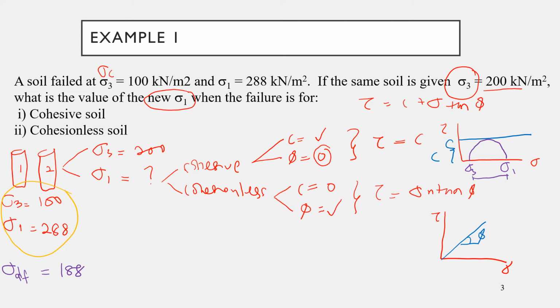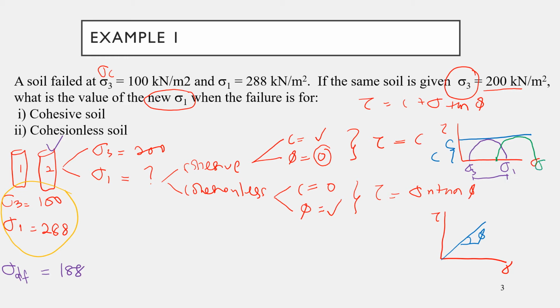Okay, and if you have another sample, which is sample number 2, you plot another circle representing specimen number 2, where sigma 3 is already given, just 200, maybe it's somewhere here. So at 200, the circle has to touch the same failure line.